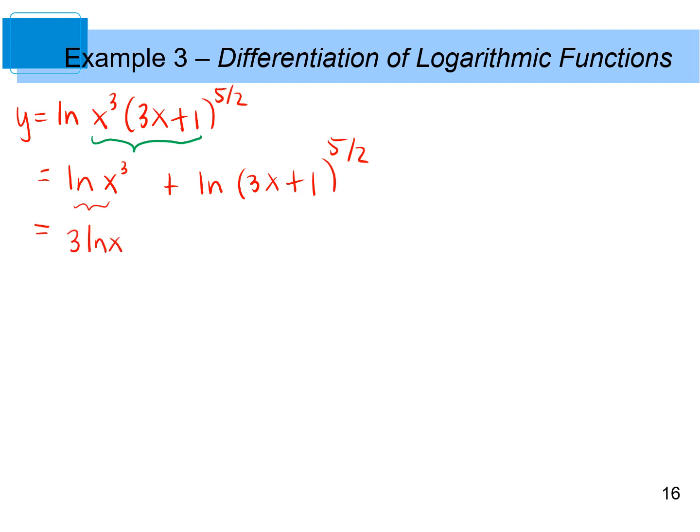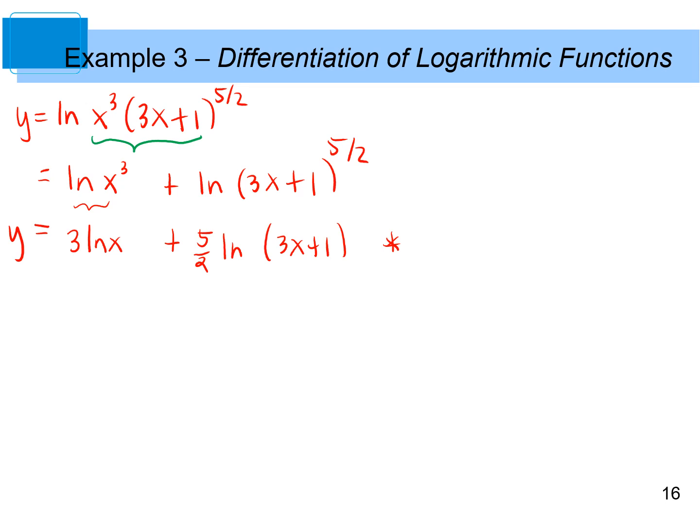Remember, for powers, you may bring down the exponent and make it a coefficient. So this becomes 3 ln of x plus, the same thing for the next expression. We bring down 5 over 2, that's the exponent, and we multiply this with ln of (3x plus 1). So this is the expanded form, and note that this is much easier to differentiate compared to the given.